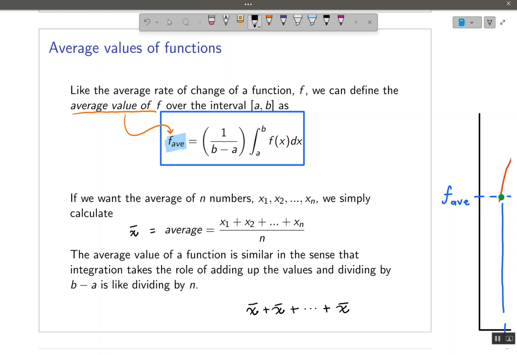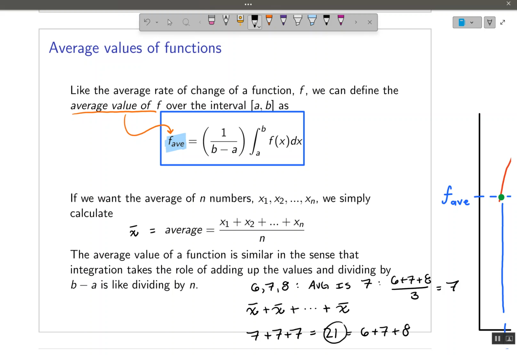For instance, let's look at this list of numbers: 6, 7, and 8. The average is 7 because 6 plus 7 plus 8 over 3 is 7. If I replace every single one of my numbers in the list with 7, we get the same sum, which is 21, the same as 6 plus 7 plus 8.